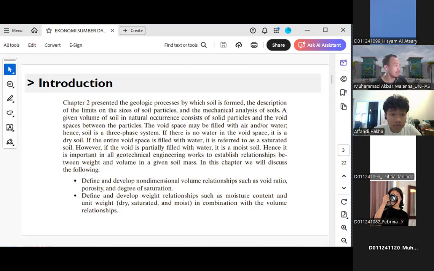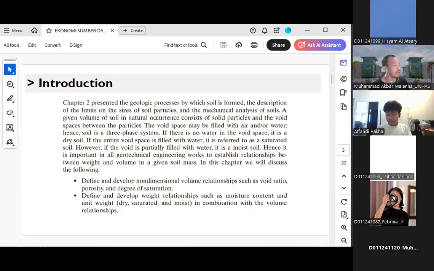That's why we often encounter the term saturated soil. The voids are completely filled with water, so there's no air trapped, even inside the soil grains or inside the water.